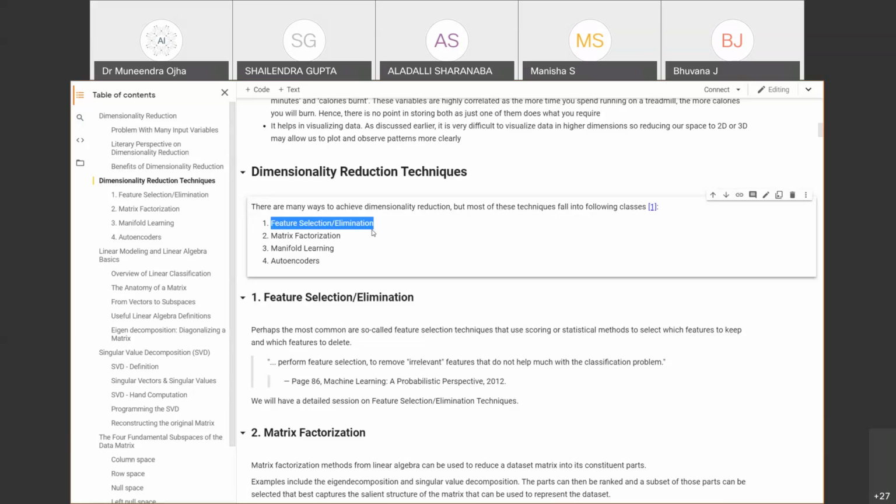Recursive feature elimination is the technique in which we keep all the dimensions with us, and recursively we remove one feature at a time. If the accuracy of the model increases or remains the same by removal of a feature, then we remove that feature.